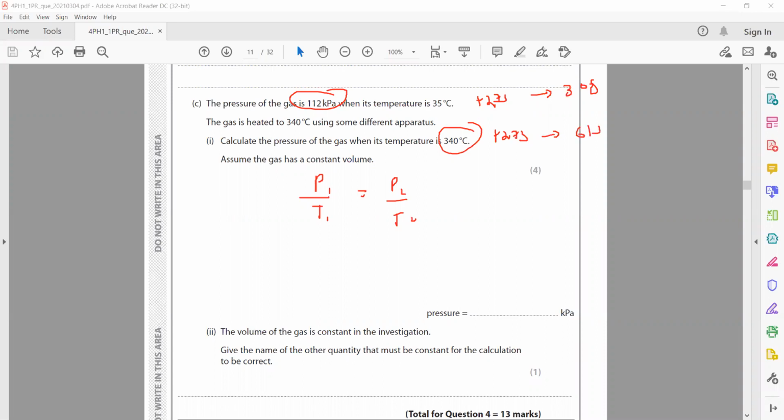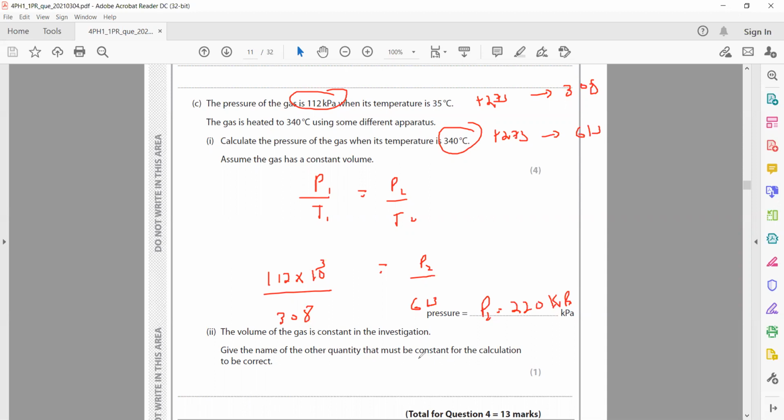So P1, which is 112 kilopascal, so 112 times 10 to the power 3, divided by the first temperature 308, equals P2, which we don't know, divided by the second temperature 613. We'll solve for P2, which will come out as 220 times 10 to the power 3 Pascal, or 220 kilopascal.